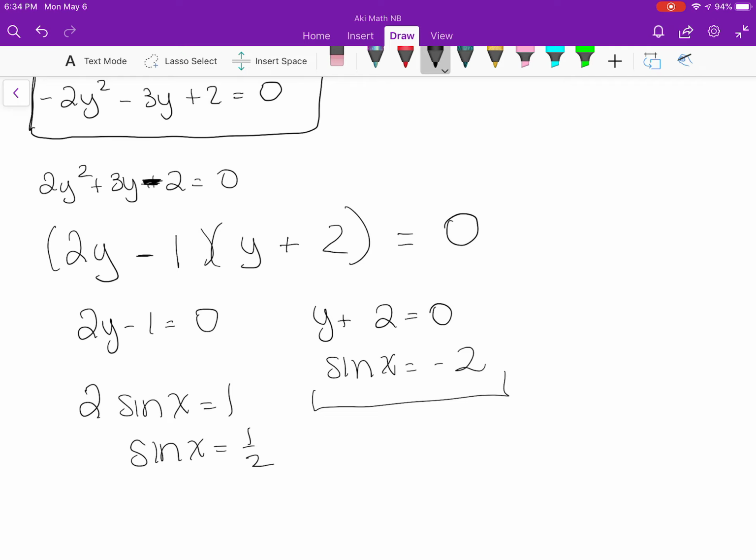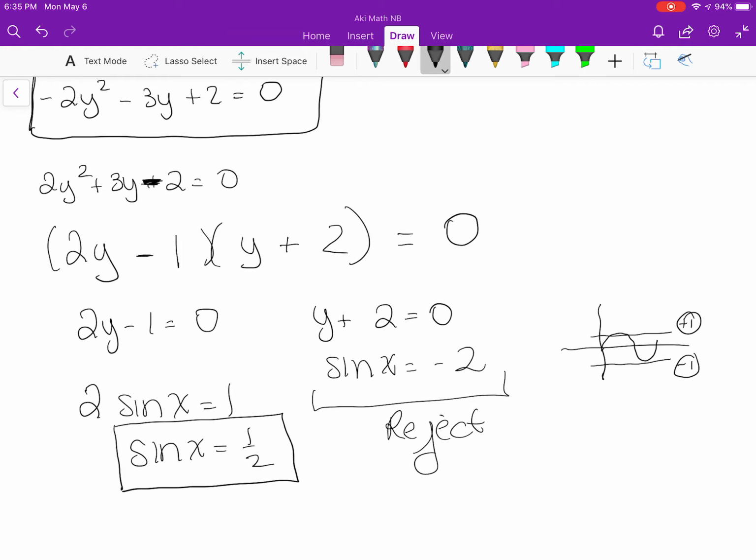And so this one we reject, because our sine values are always going to alternate between -1 and +1. So this is the actual one that's the only possible solution.